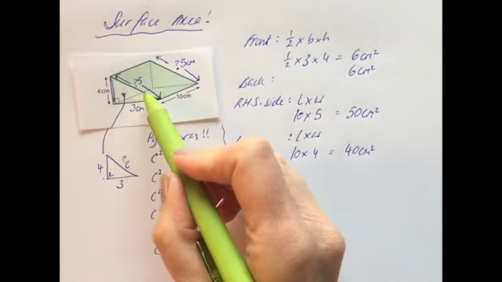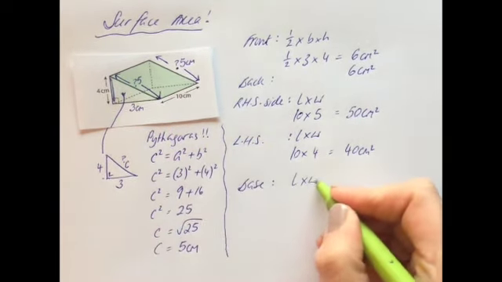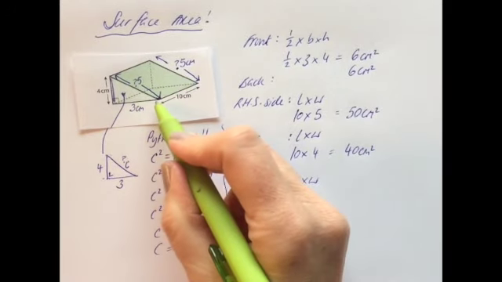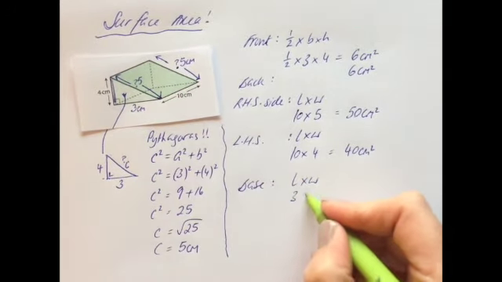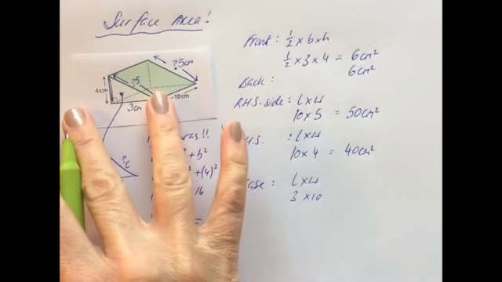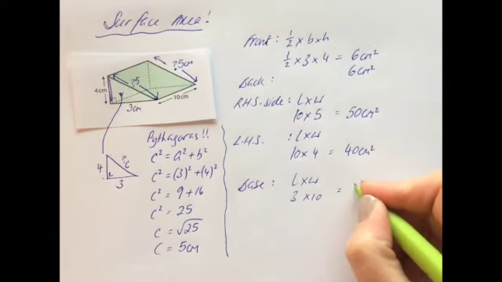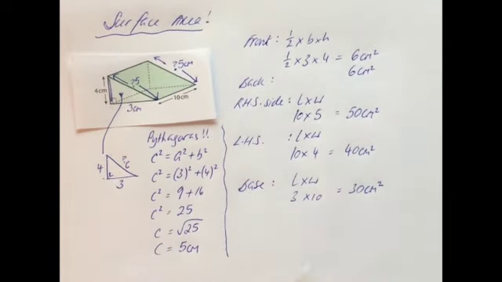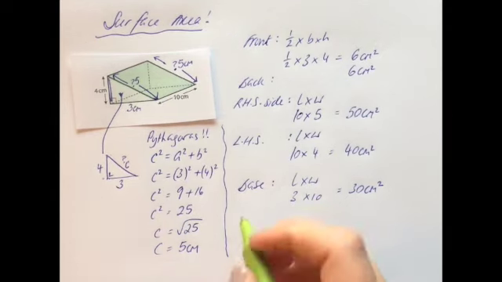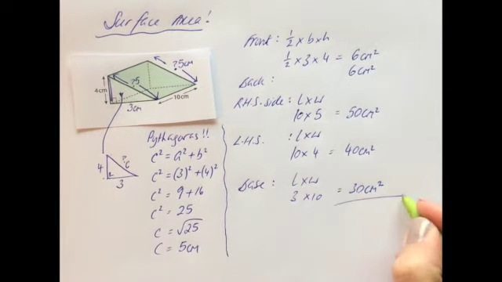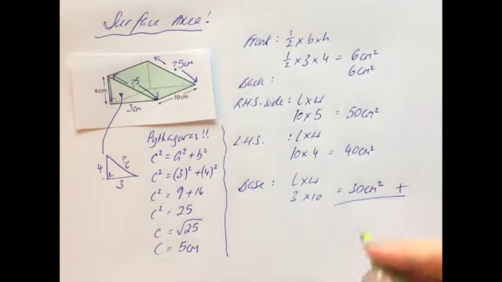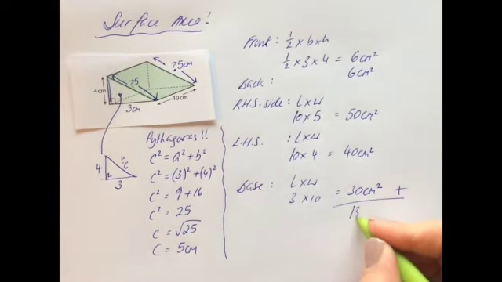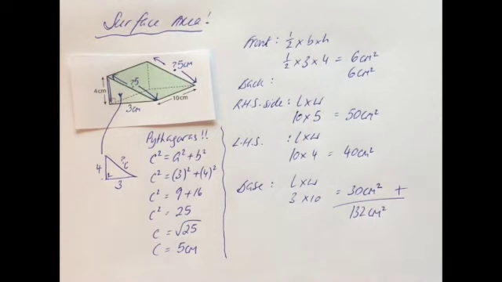And the base again is a rectangle where we have 3 times 10 as our dimensions, and 3 times 10 is 30 centimeters squared. And of course we don't have a top, so we're done. We're going to add these up all together, and we get 132 centimeters squared.